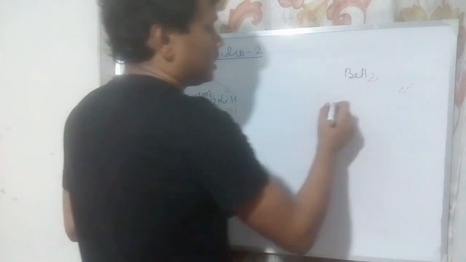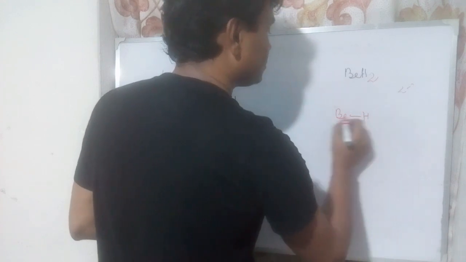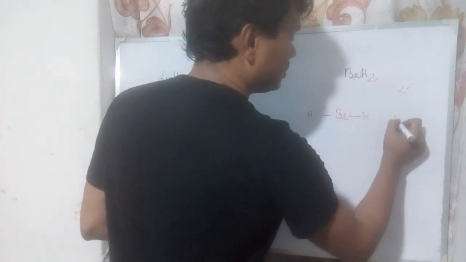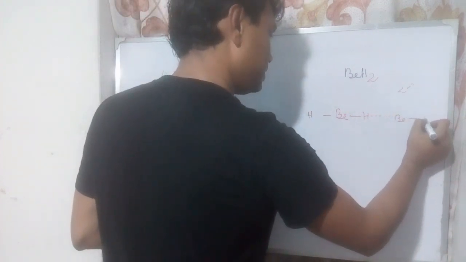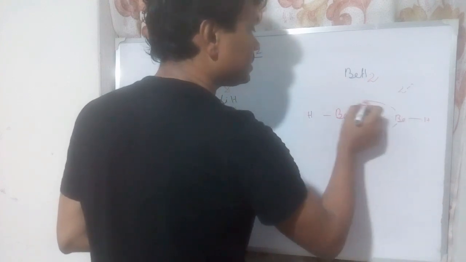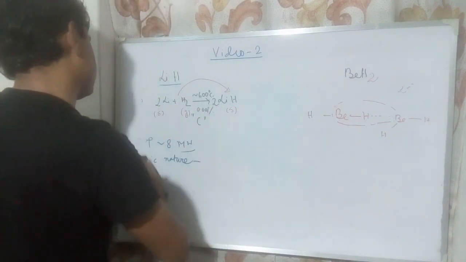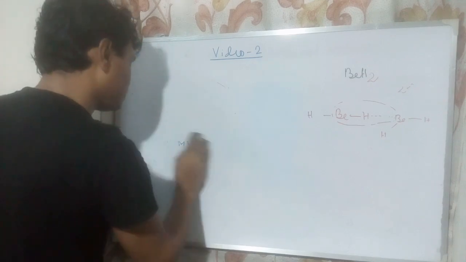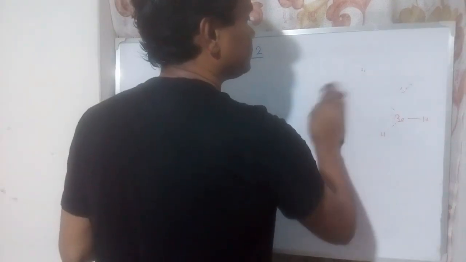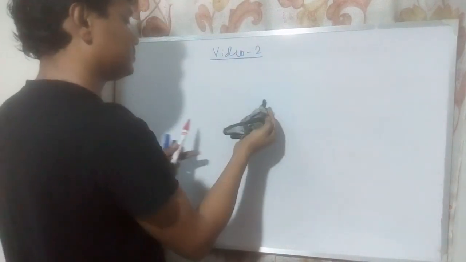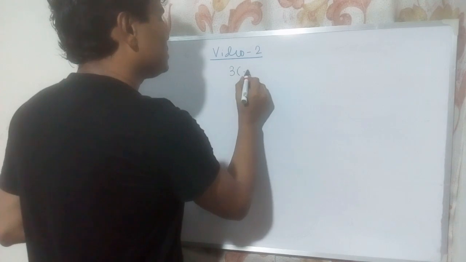Polymeric solid means this beryllium hydrogen will form a bond with another beryllium to form this polymeric solid, and this bonding is called a 3-center 2-electron bond, which I will explain in a little more detail, because this is one of the unique properties of this beryllium hydride material. (3C2E) bond.